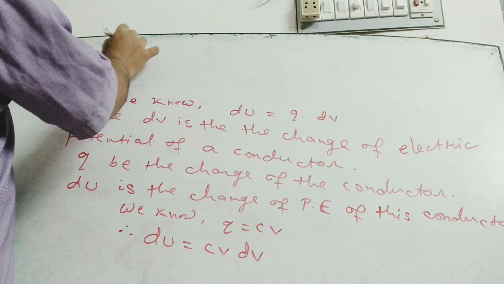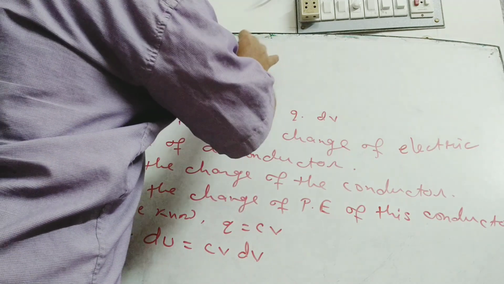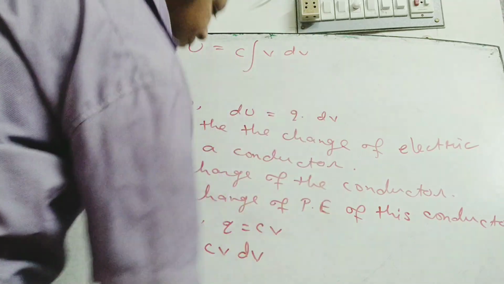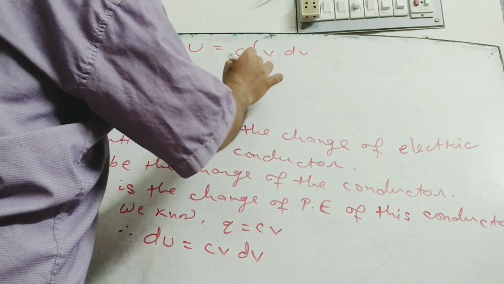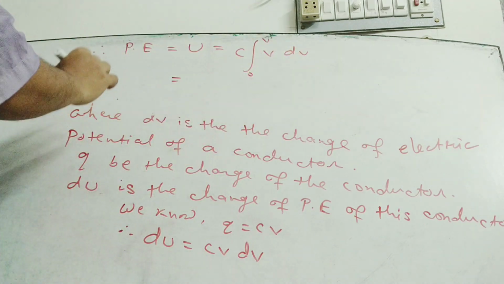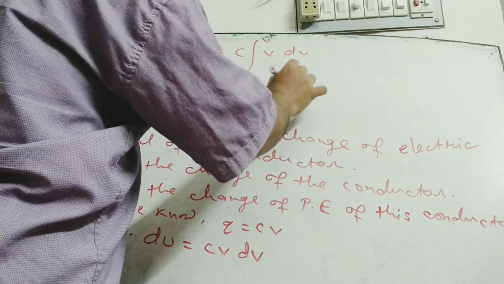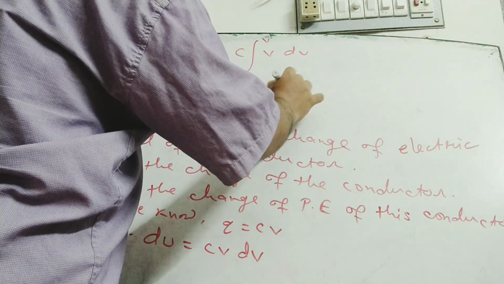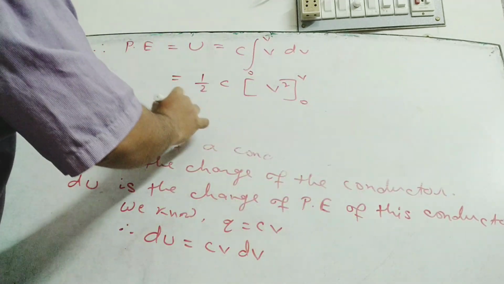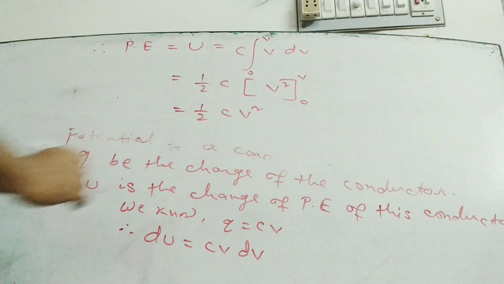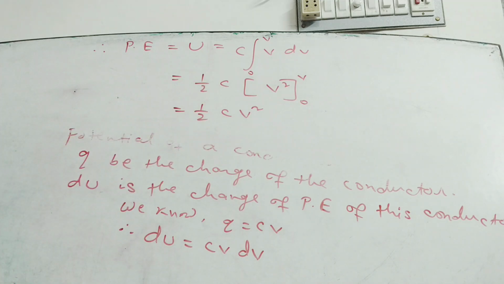Therefore, potential energy of the conductor U is equal to integration CV dV, the lower limit is 0 and upper limit is V. Therefore, this integration turns to half C V squared. This is the electric potential energy stored in a charged conductor.